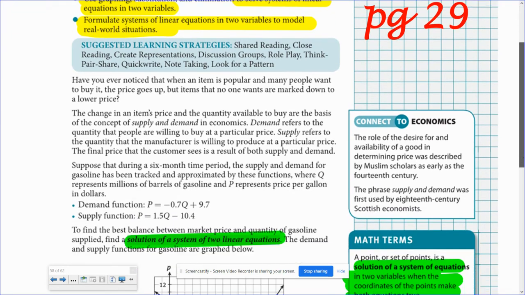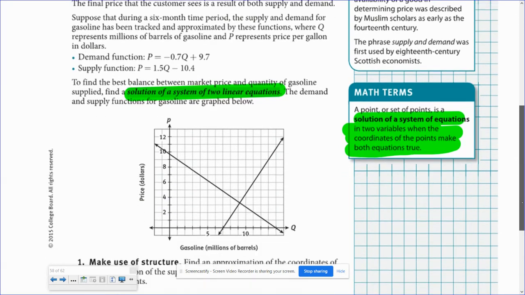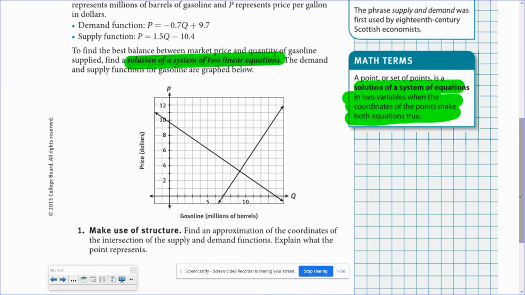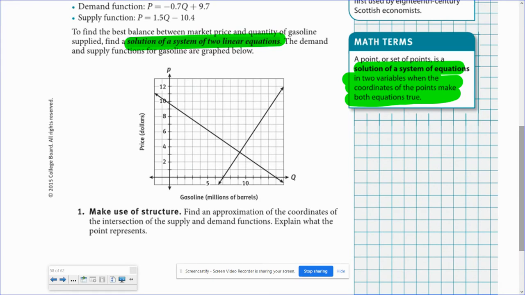On page 29, I'm just going to skip to this bottom part down here. We're going to skip that scenario, and I just want to talk about how you find the solution to a system in a graphical sense. The solution of a system of two equations is when the coordinates of the points make both equations true.